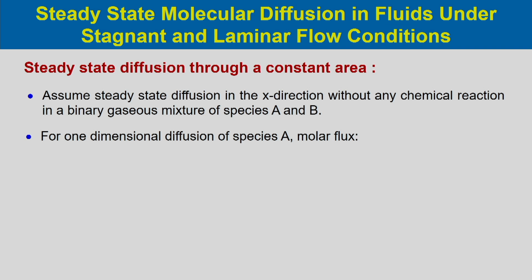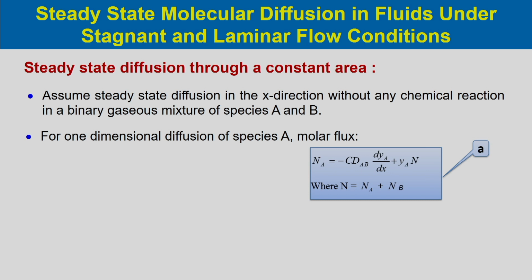For one dimensional diffusion of species A, we know the molar flux equation: NA is equal to minus C DAB dyA/dx plus yA N, where N is the total molar flux, equal to NA plus NB.